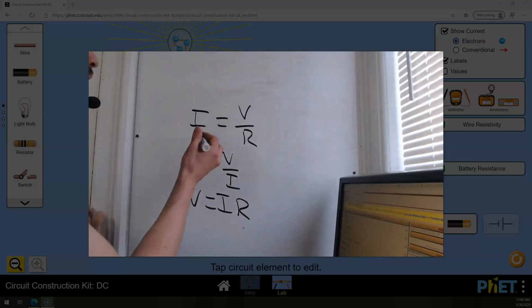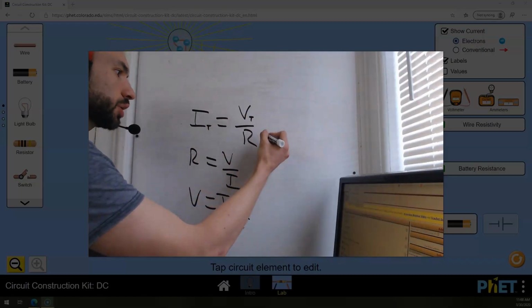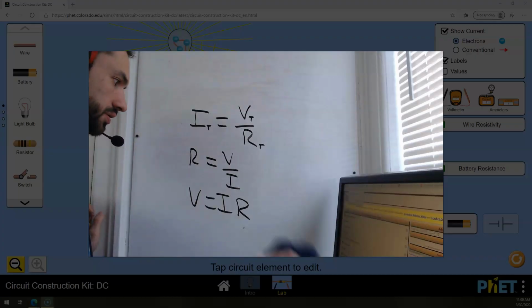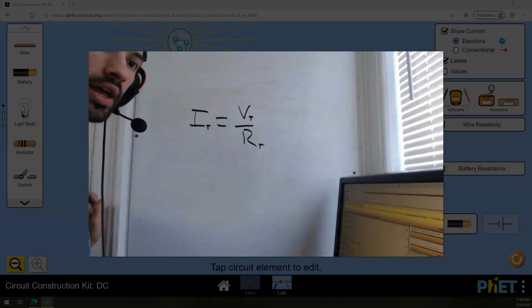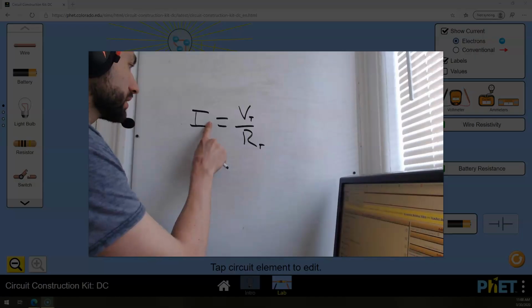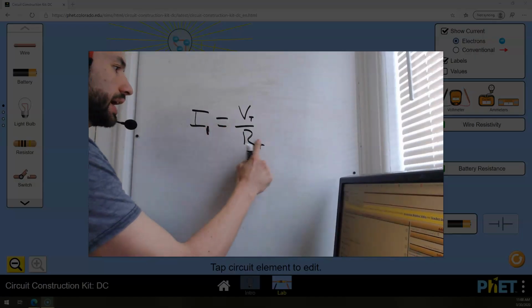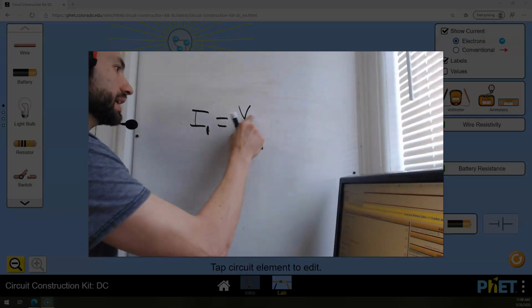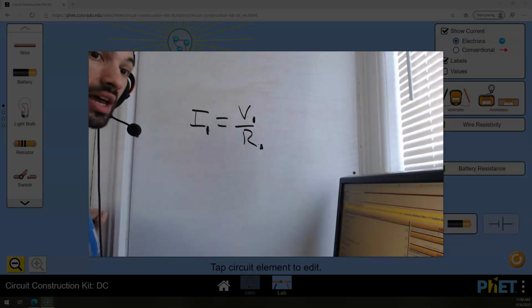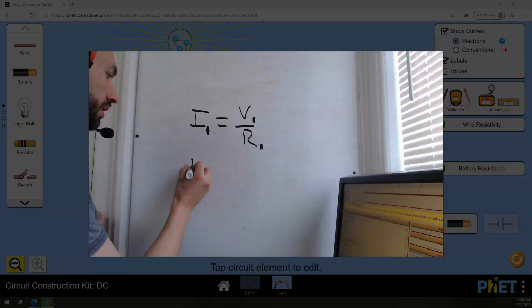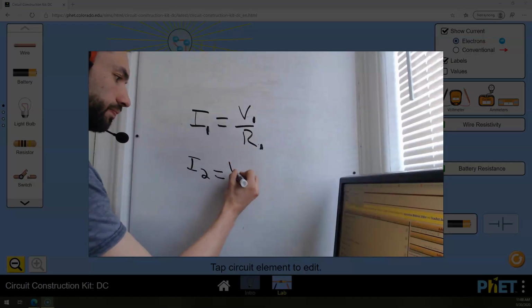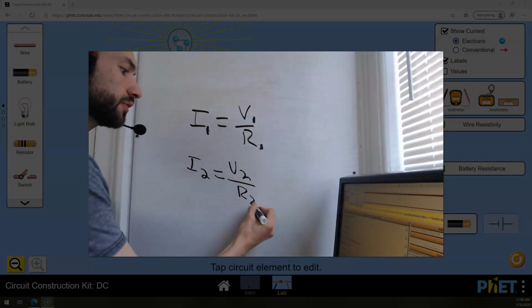If I want to know the total current, I will use the total voltage and the total resistance, okay? If I want to know through just one leg, well, the current through one leg will be the resistance through one leg and the voltage through one leg. If I care about a different leg, maybe leg 2, then I have to use all the information for leg 2.